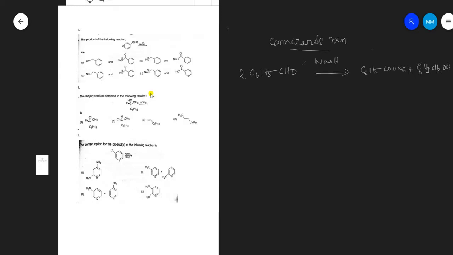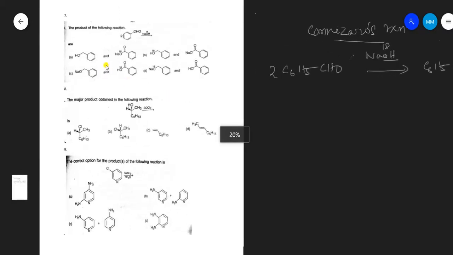So this is the basic idea. Now the question is, the NaOH consists of this OH, this 18. So the aldehyde is converted to CH2OH. This OH goes to which molecule of aldehyde, the acid part or the alcohol part?